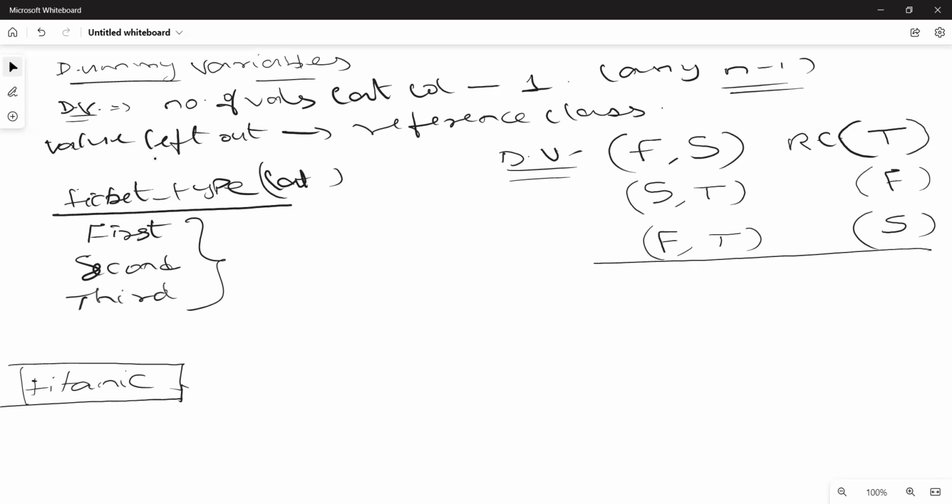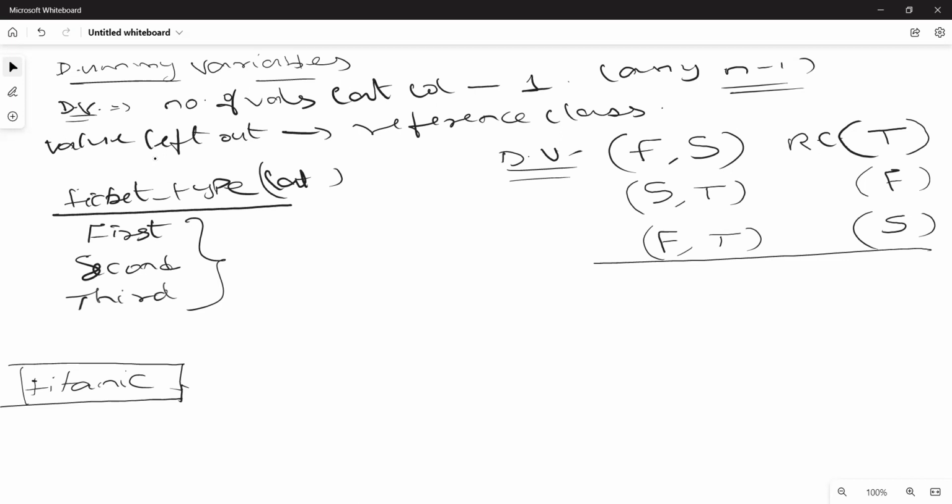Okay. Now, when machine learning was developing, and when these algorithms were getting formed and the predictions were getting made, it was gaining popularity. One of the famous data sets that people were using was called the Titanic dataset. Titanic, as you all know, is the ship that sank in the Atlantic.